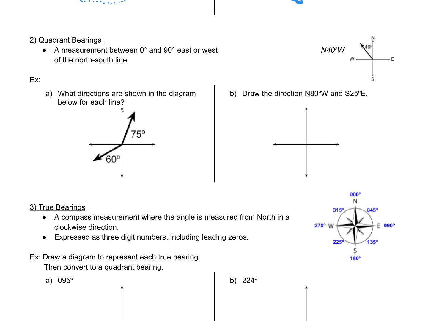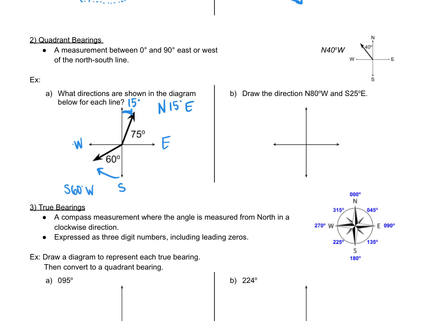For this first one here, I know I'm starting at the north, and I'm going towards the east, but I'm not using the 75 degrees because I need this angle here. 90 minus 75 is 15 degrees. So this is going to be starting in the north and going 15 degrees towards the east. And the next one, we are starting from the south and we're going 60 degrees towards the west. So this is south 60 degrees west.